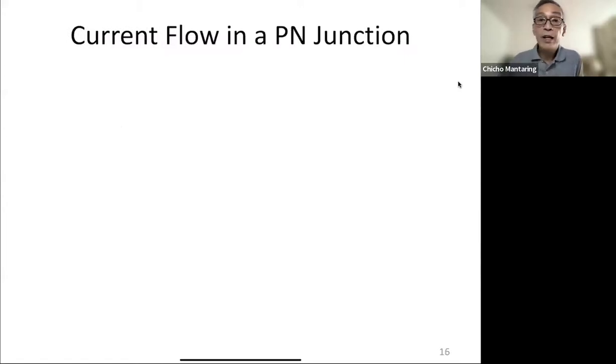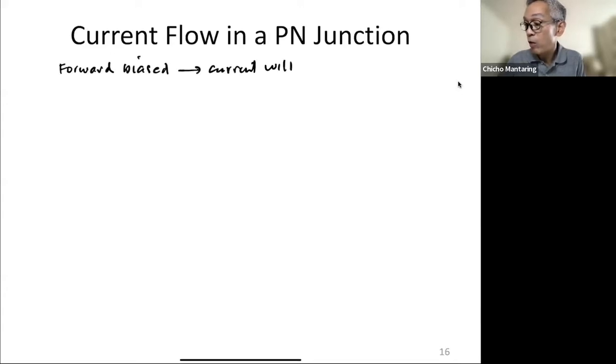So current flow in a PN junction. So if it is forward biased, current will flow due to diffusion. No?